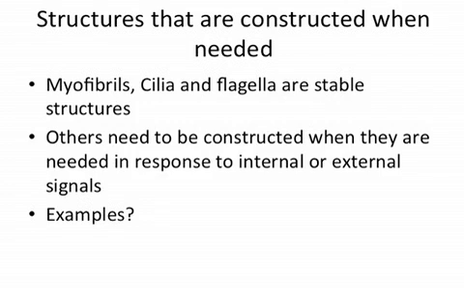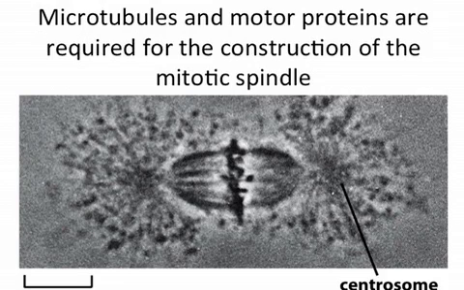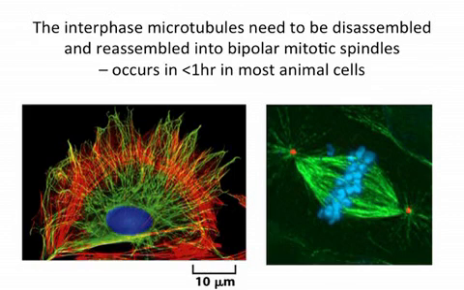So this should be taking you into the thinking of regulation. What regulates when these structures are made? Microtubules and motor proteins are required for the construction of the mitotic spindle, right? So that's what we just said. The interphase microtubules need to be disassembled. So here's interphase. Oops, let's turn off the light.